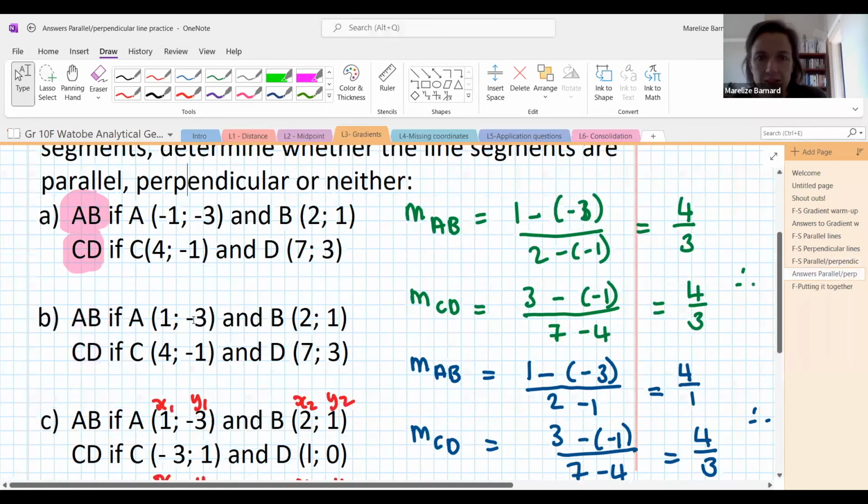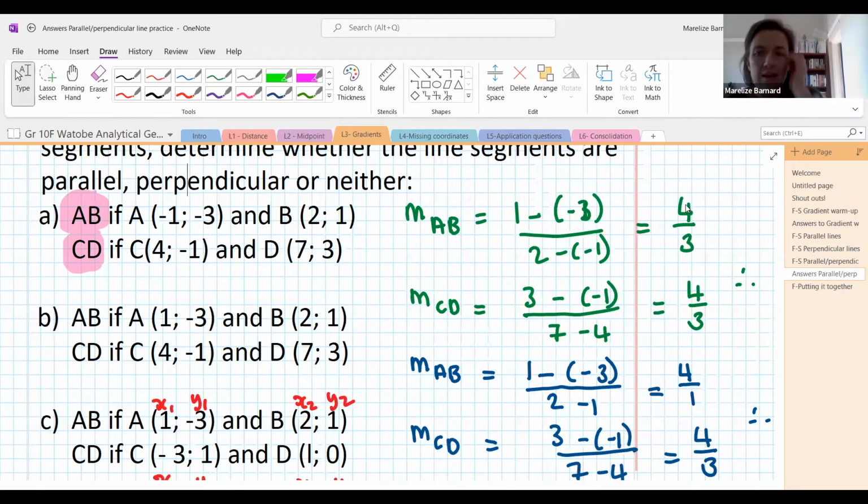So the gradient of AB, we say is 4/3, and then CD should be 4/3 as well. Just check your calculation, Eunice, if you used the right order or if your signs are correct.